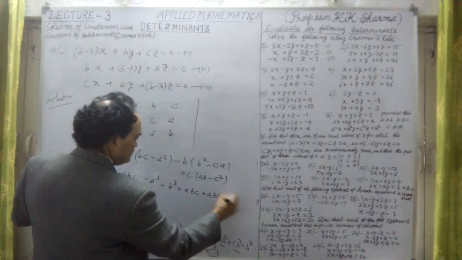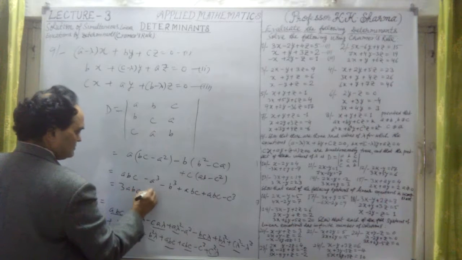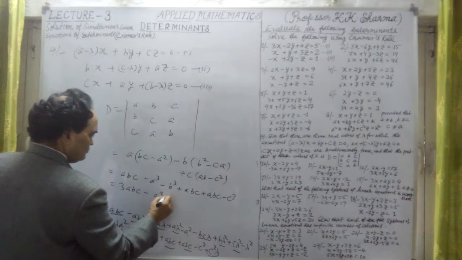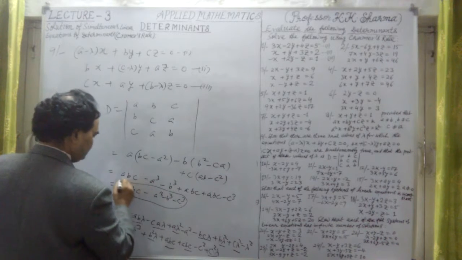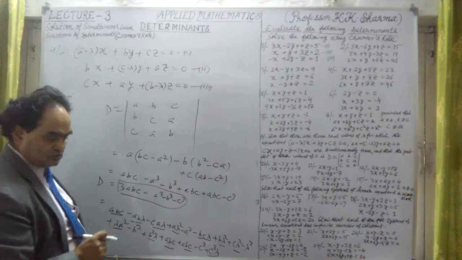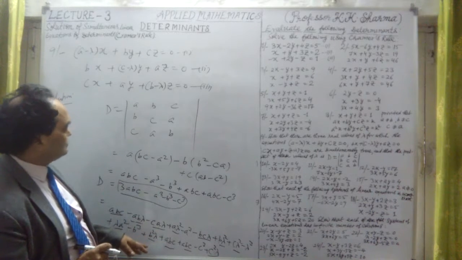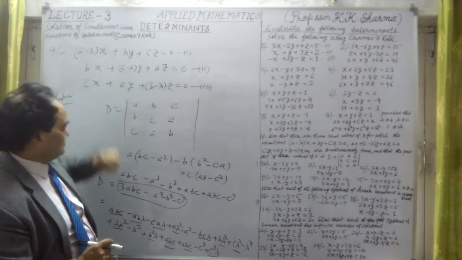This is minus C cube. BC here, that is 3ABC minus A cube minus B cube minus C cube. These values of D are coming. If I put here lambda equal to 0, only then it can be 0.